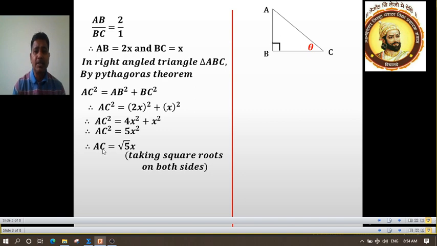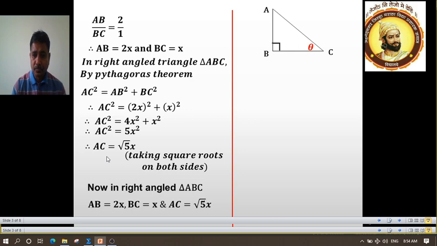So in triangle ABC, we know all three sides AB, BC and AC in terms of x. So we can obtain any trigonometric ratio by using the definitions of trigonometric ratios.